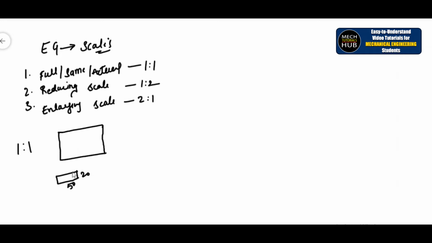On an A4 sheet, you can easily draw a 50 by 20 mm sketch. This is 20, this is 50, without any change in the given size of the component or dimensions of the component. Similarly, if you want to draw a few other components or sketches related to that particular drawing sheet, you can draw them if they exactly fit the size of the A4 sheet, okay. Means we are not going to change any of the dimensions, okay.